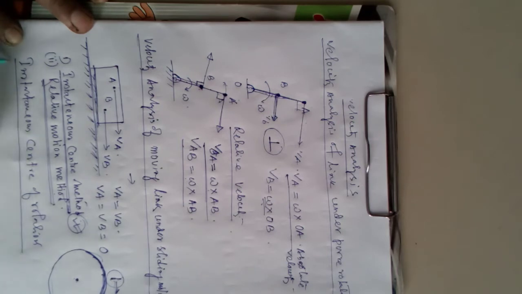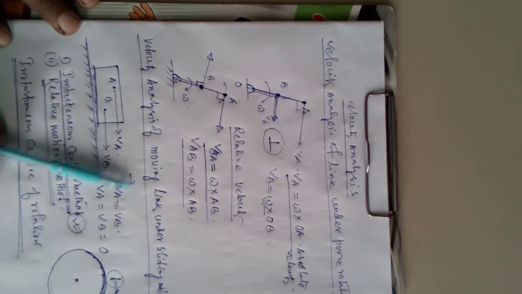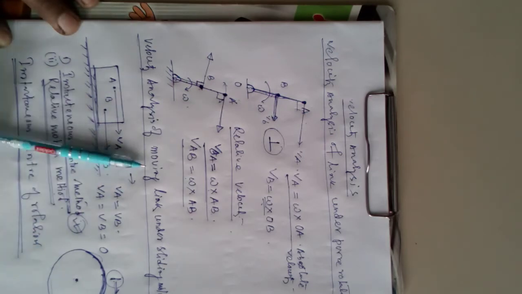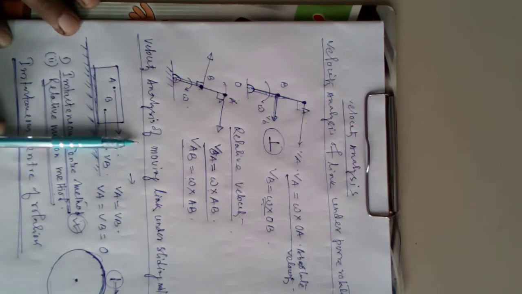Now first of all we should know what is the instantaneous center of rotation. Suppose a body, suppose this pen. If you consider that body at a particular instant, that means at any instant of time, the motion is a combined rotation and translation.